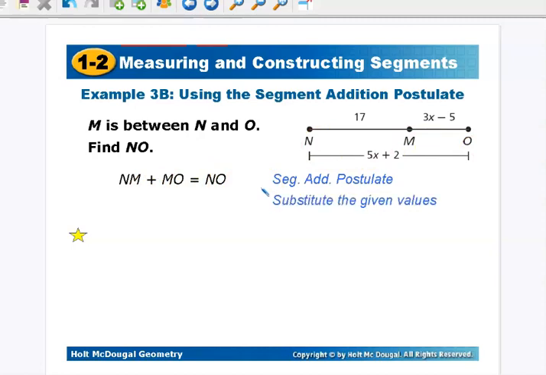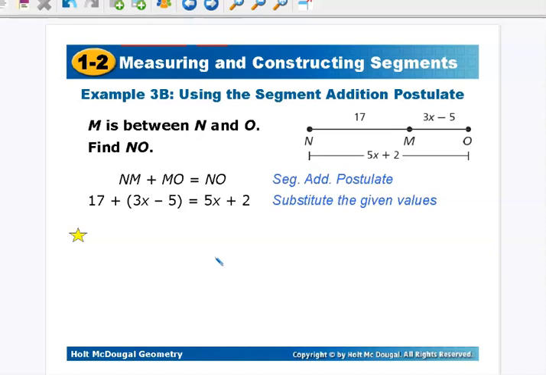Next, we're going to substitute in values that we know, and these can be expressions. So for NM, we know it's 17, MO is 3x minus 5, and on the other side, NO, the full length, is 5x plus 2.